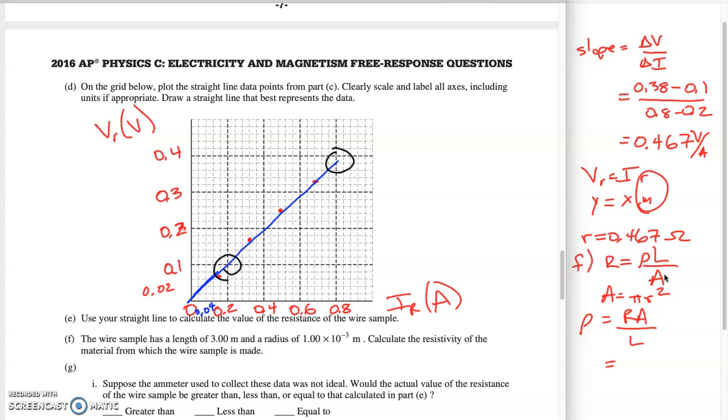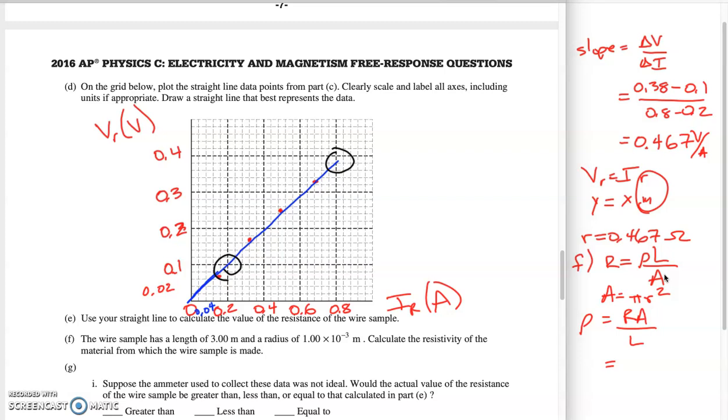let's see here, we should get resistance is 0.467 times pi times the radius squared, and then divide by the length, which in this case is 3 meters.